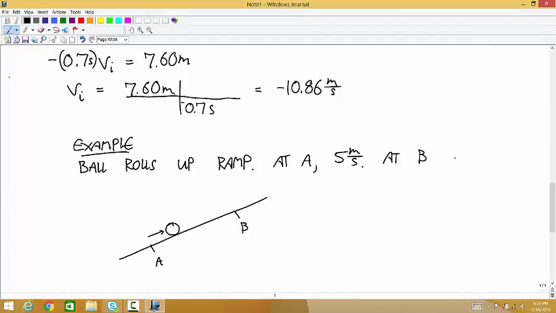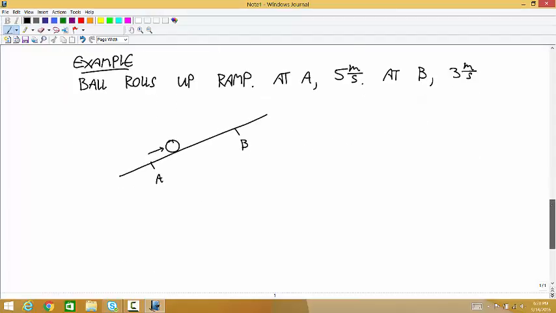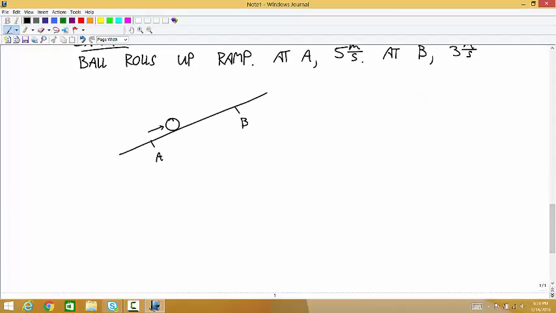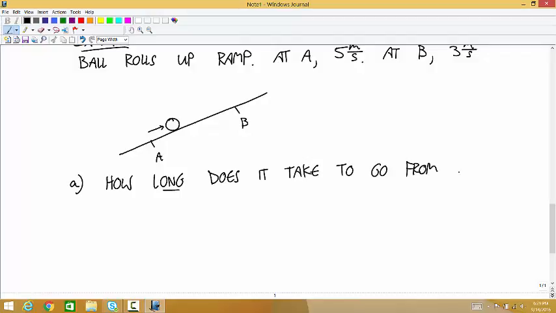And then when it gets to B, its speed is 3 meters per second. And we want to first calculate how long does it take to go from A to B.